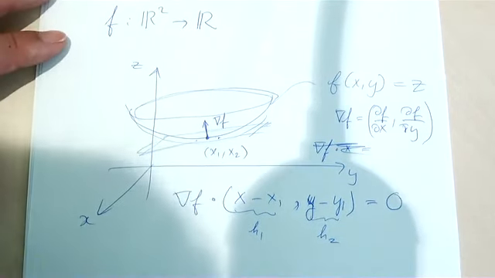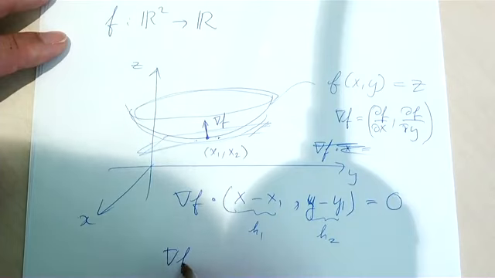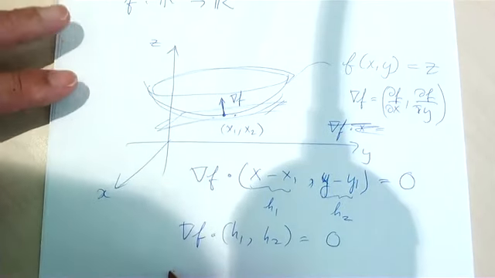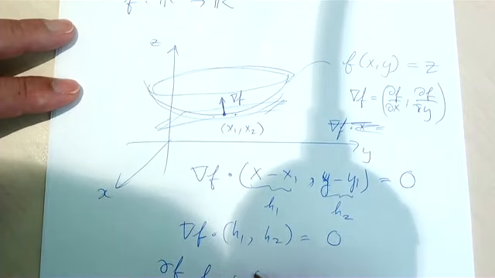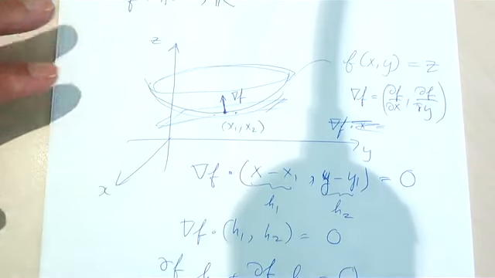Then you have nabla f dot (h1, h2) equals 0, so just partial f x times h1 plus partial f y times h2 equals 0.